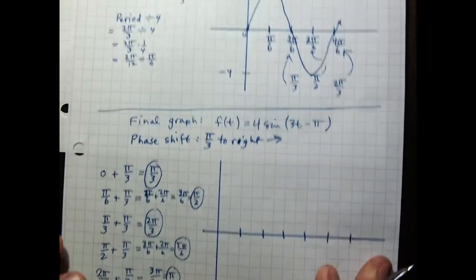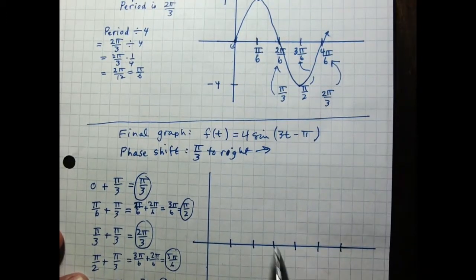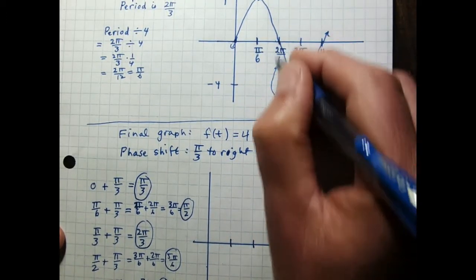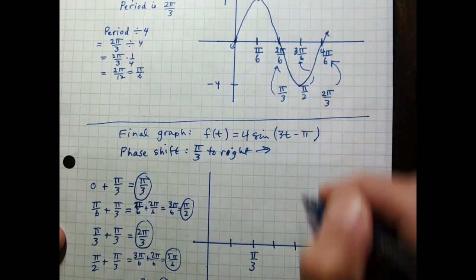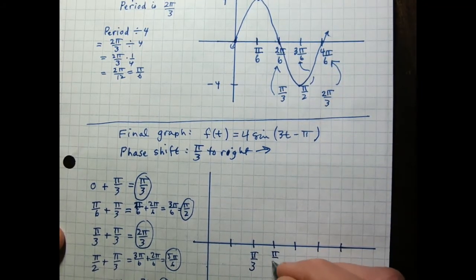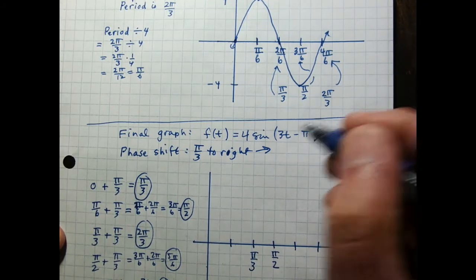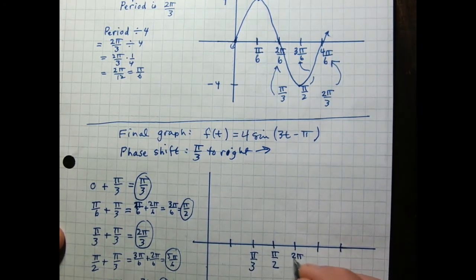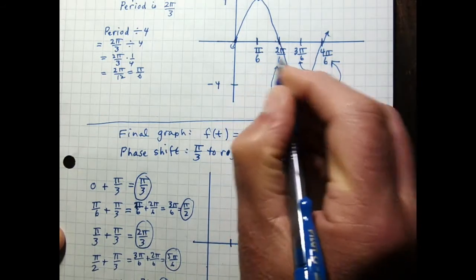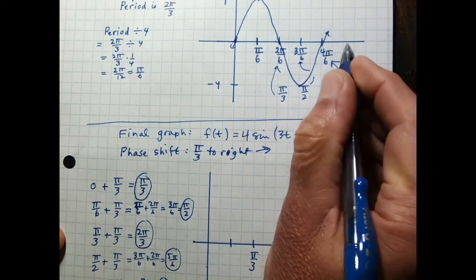Notice if I compare to the graph up above, pi over 3 was already the second mark. Pi over 2 was already the next mark. And then 2 pi over 3 was the next mark. 5 pi over 6 would come next, because 1, 2, 3 pi over 6, 4 pi over 6.